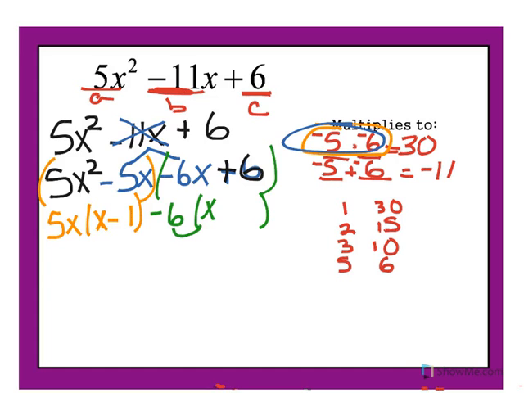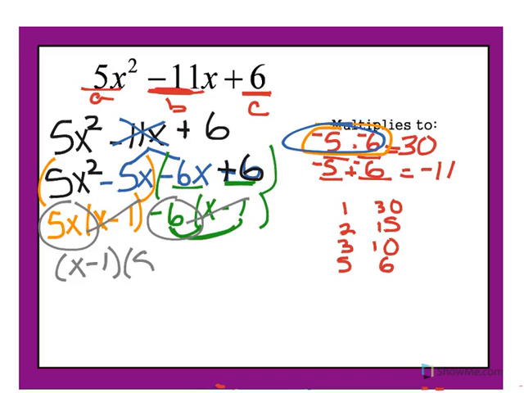So that when I multiply, that does get me back to negative 6. And I would multiply this by a negative 1, because a negative times a negative is a positive 6. Notice they both share a factor of x minus 1. So that is the greatest common factor. And what remains is the 5x and the minus 6.